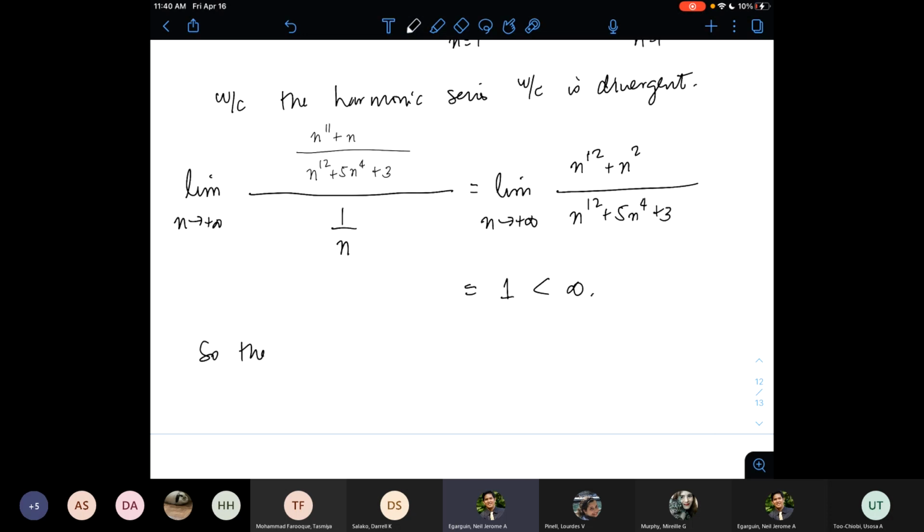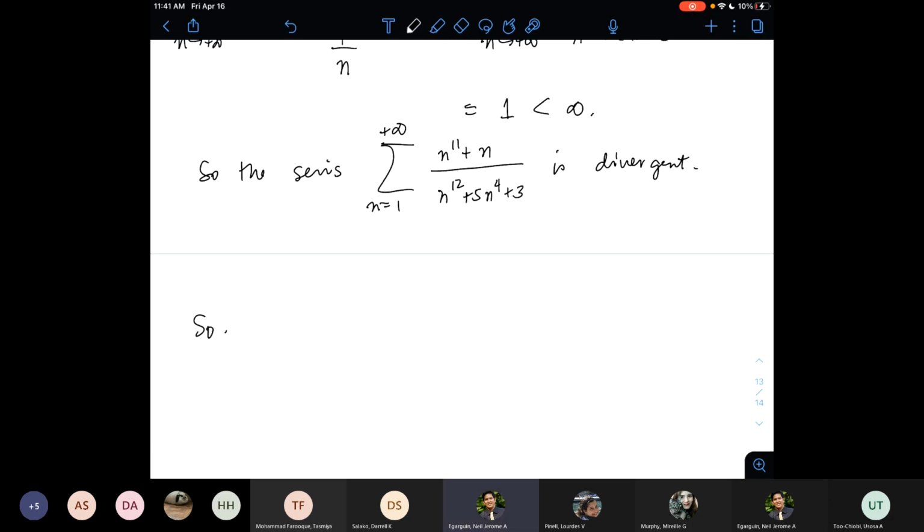So the given series, which is basically the series with the absolute values, is divergent.